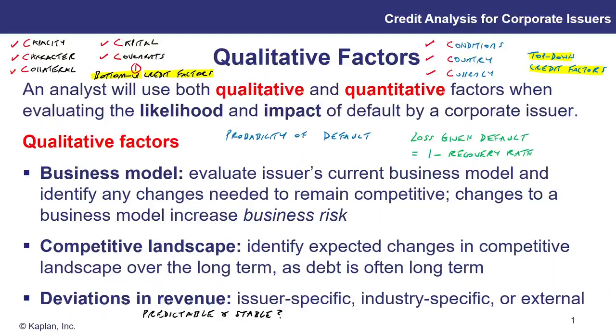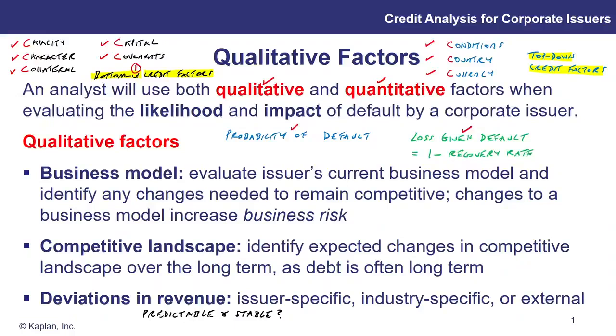So starting off then here, the analyst will use both the qualitative and the quant, the numbers factors, when looking at the likelihood and the impact of default. Now, in the risk world, I mentioned about the language changes depending upon the risk. Here in credit risk, it's very common, of course, to use the terms PD, or probability of default, and loss given default.